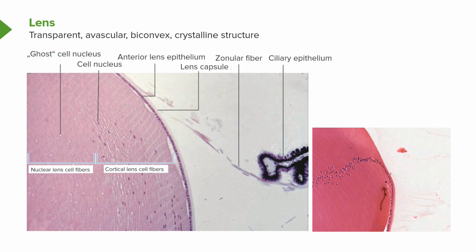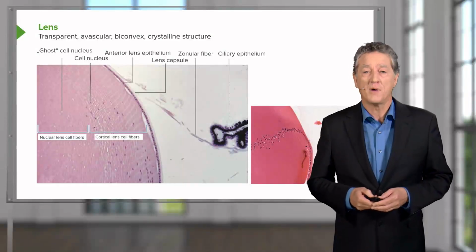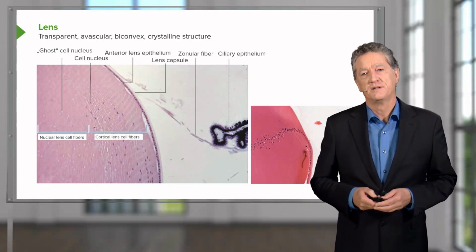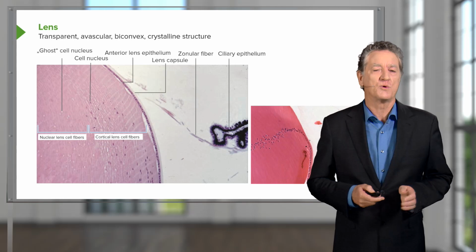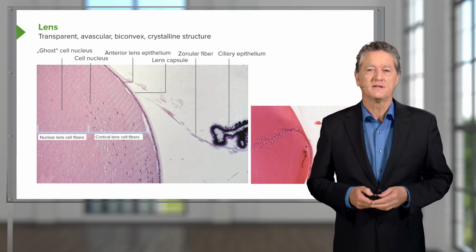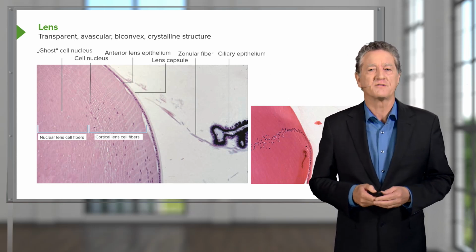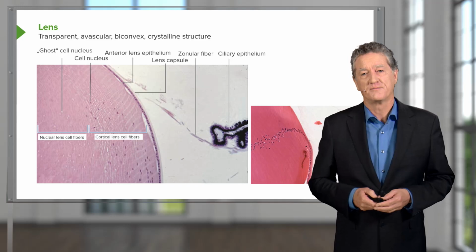Now, these lens fibres could be anything up to 8 to 10 millimetres in length. They're about 8 to 10 microns in width, and they're packed all together. And as they move towards the nucleus, after being constantly produced at the equator, they tend to fuse together, and it's very hard to separate or see the different fibres lined up.